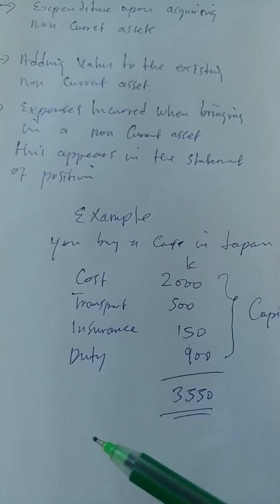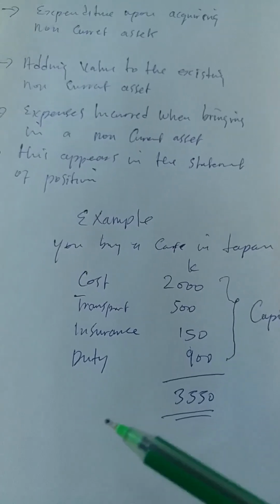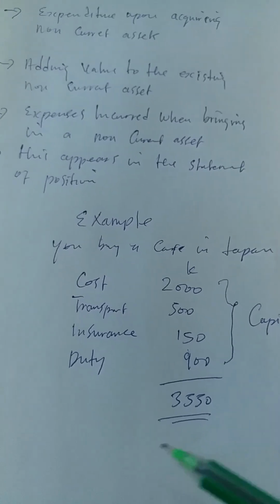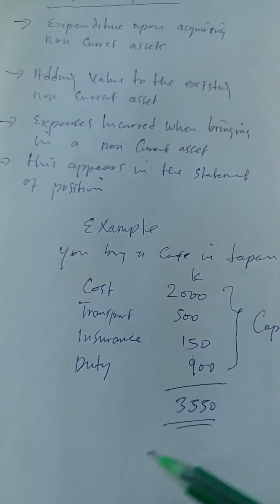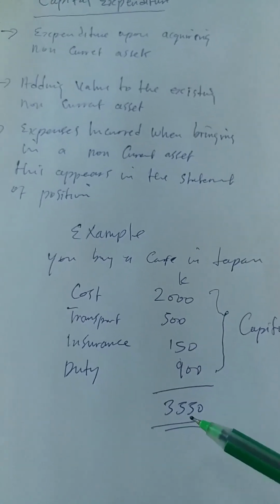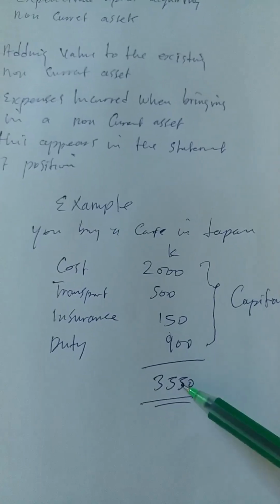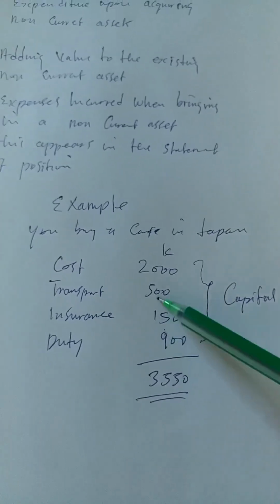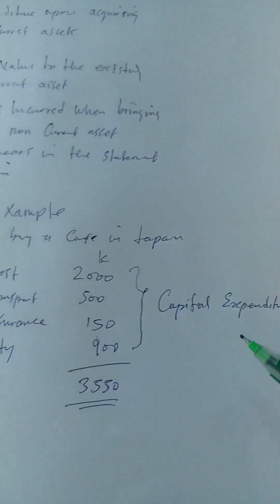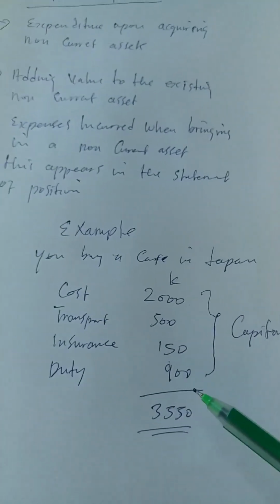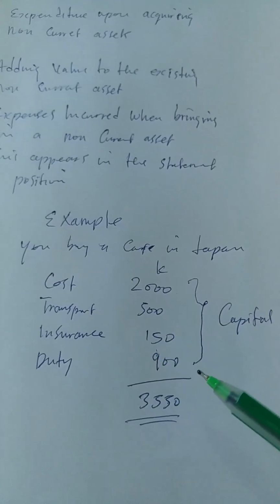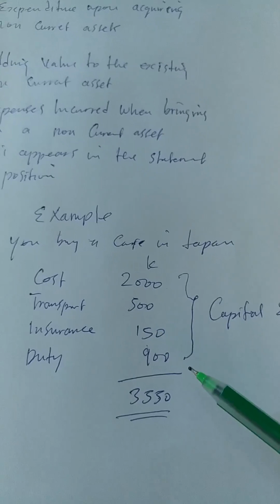Let's say you are constructing a building, and then the builder builds a small shelter within the main premises. All those other costs will be added to the cost of the main building. This is what is happening here. All these costs will be added to the cost of this non-current asset, and we are calling them capital expenditure, and they're going to appear in the statement of financial position as the total cost of this non-current asset.